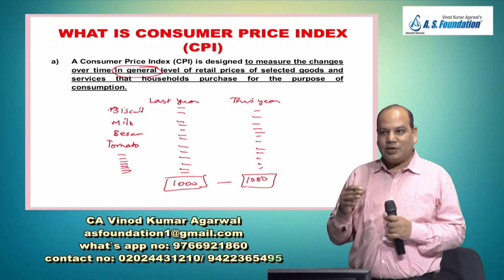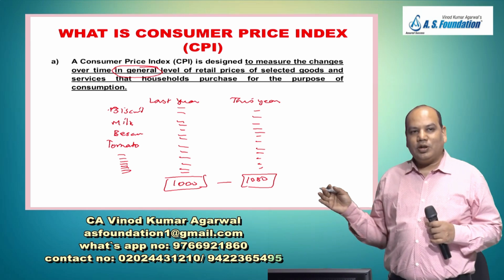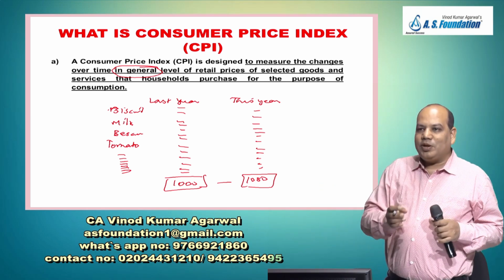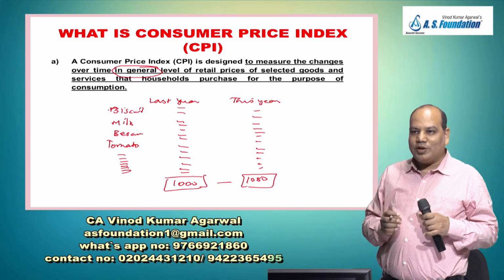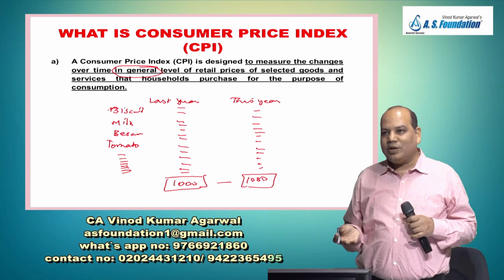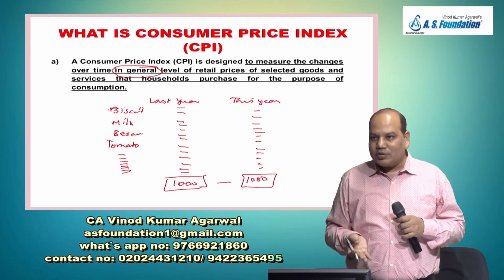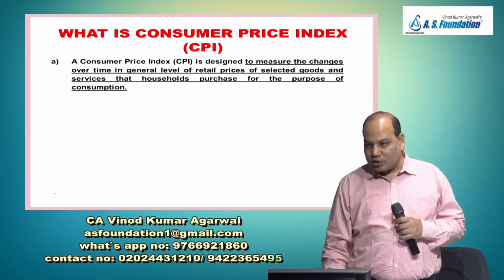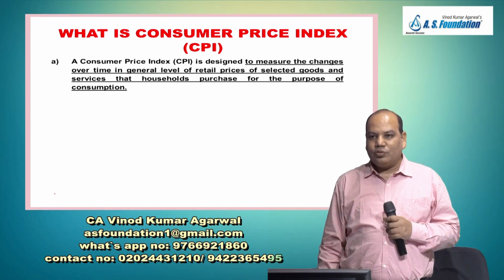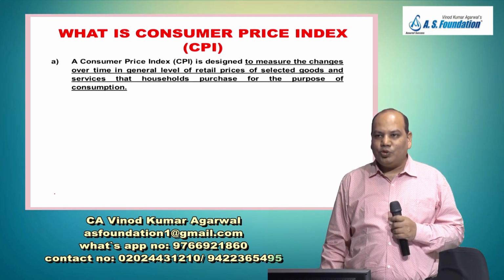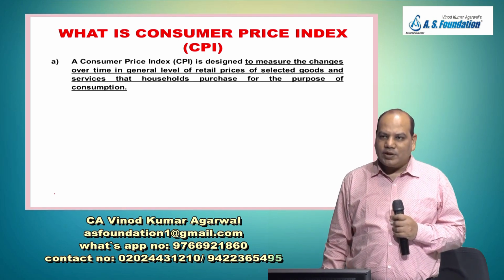Like the BSE Sensex tells you that during a given period, the share market on an average has increased by 12%, but every share has not increased by 12%. Some may have increased by more than that, or some may have decreased also. But at least it gives you some idea as to how the retail prices have behaved during a period.